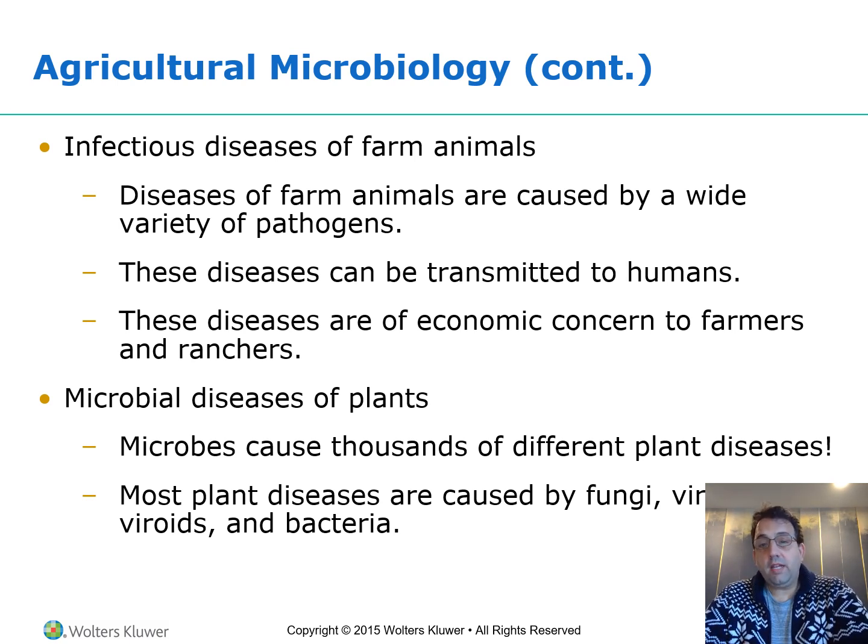Microbial diseases of plants are less worrisome, but they're still worrisome because they cause plants to die, and we need plants to make food, to make shelter, to do all sorts of stuff. Most plant diseases are caused by fungus, viruses, viroids, or bacteria.